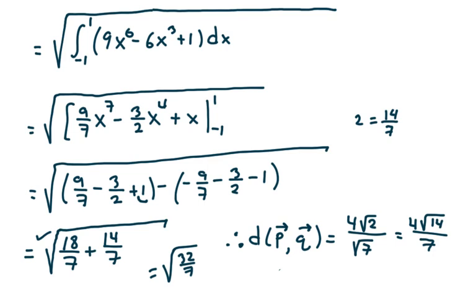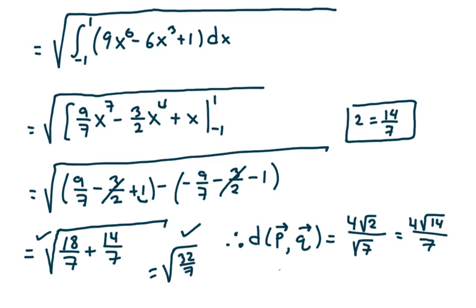Now, notice, the 3/2s are going to go away, right? And so I get the square root of 18/7 plus 14/7. Remember, 1 minus a -1 is 2, and 2 is the same as 14 divided by 7. But that's the square root of 32 over 7.